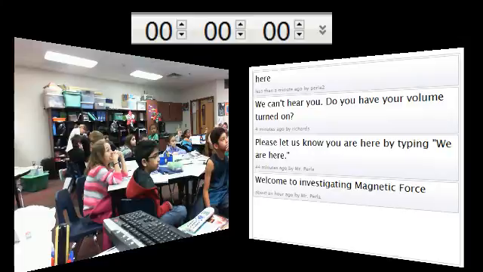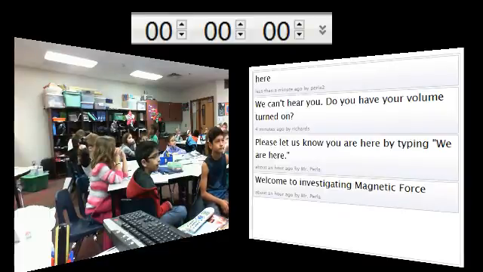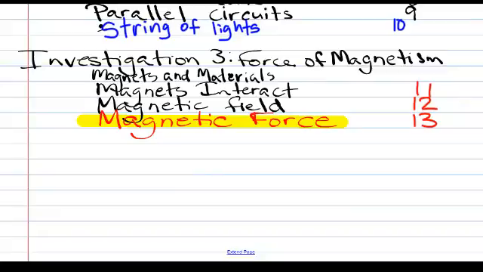But one way or another, it's going to create movement, which means there has to be energy. Because in one of the first investigations we did, we discovered that when there is movement in an object, there is energy in that system.